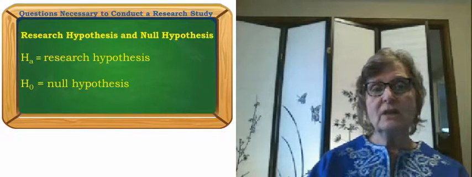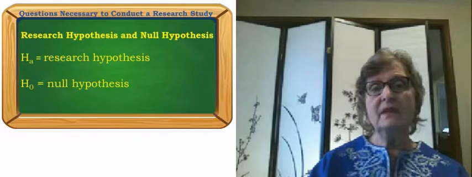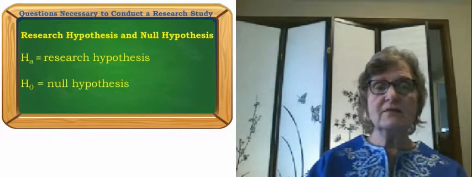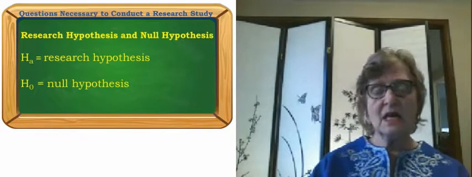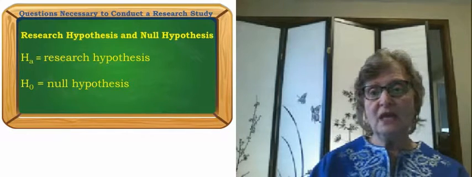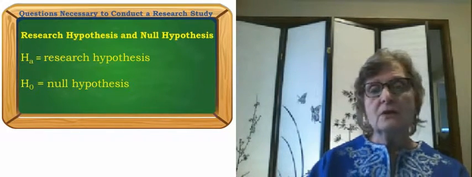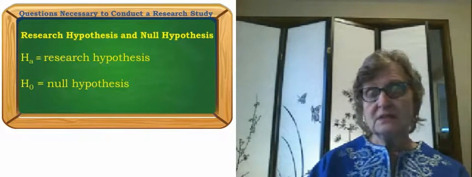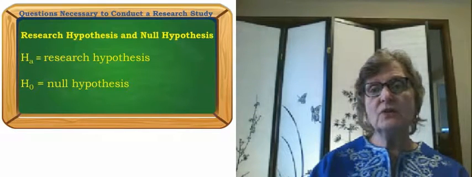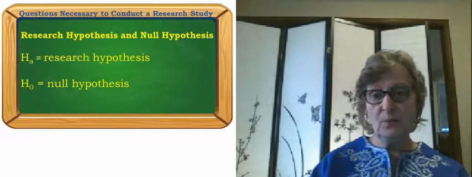This is talking about the research hypothesis and the null hypothesis. You can see that the research hypothesis is symbolized by the capital H and the subscript small a. The research hypothesis does not set any parameters for the expected change based on the manipulation of the independent variable.